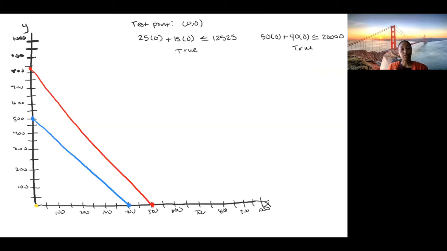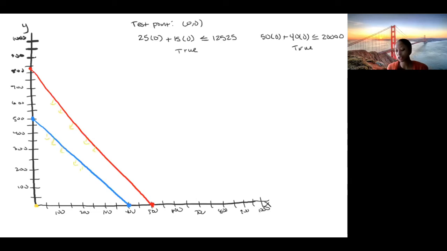Our test point 0, 0 worked. We want to shade in everything that's on the same side as 0, 0. So that would be everything that's under both of these lines. All right. So everything under the red line, but also everything under the blue line.